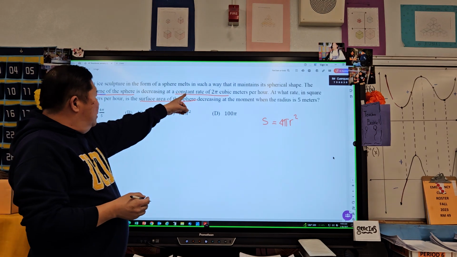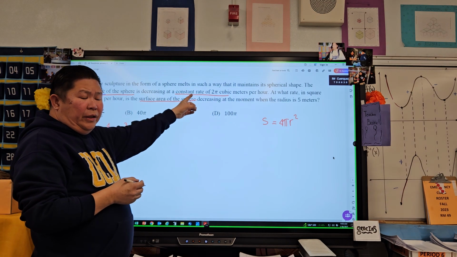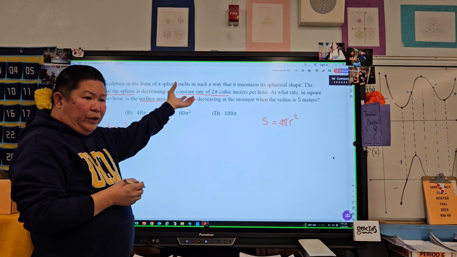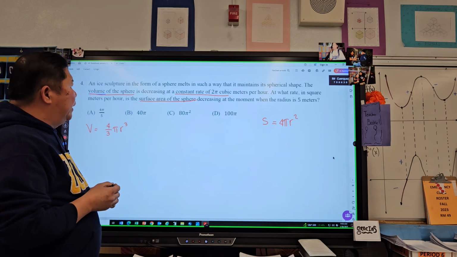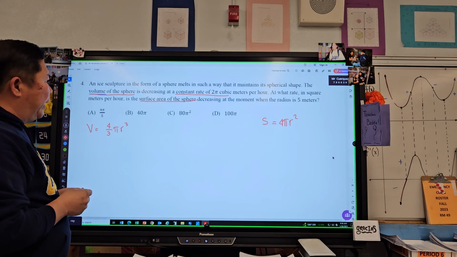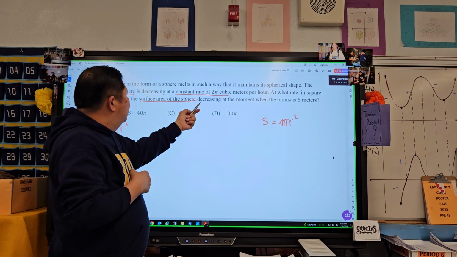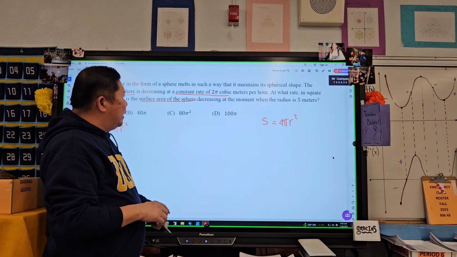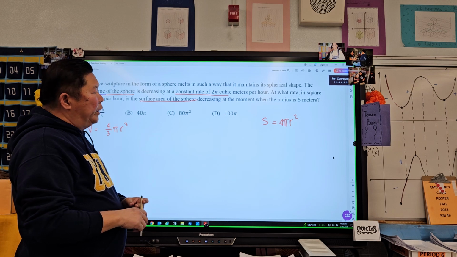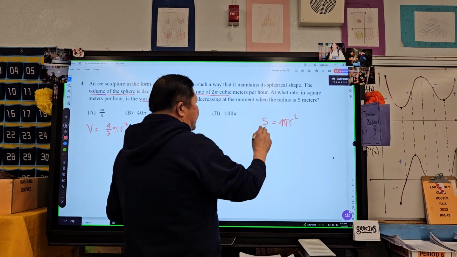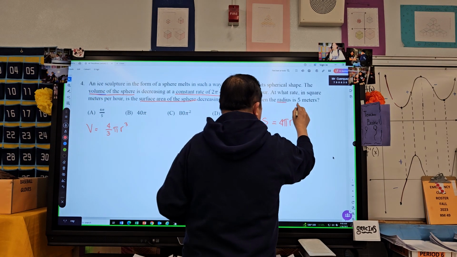That means, what can you say about this? This is the rate of the volume, right? And then, at what rate in square meters per hour is the surface area of the sphere decreasing at the moment when the radius is 5 meters?